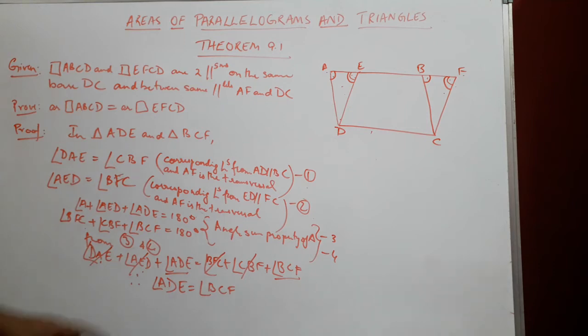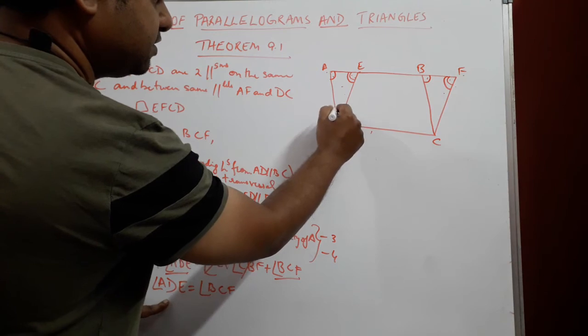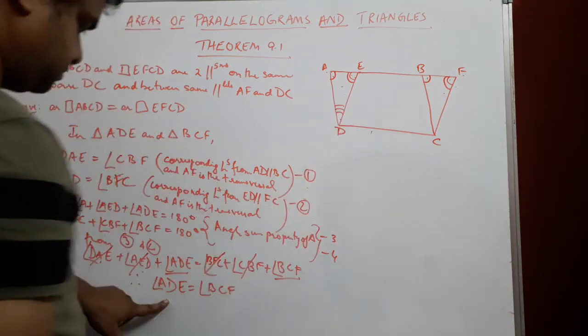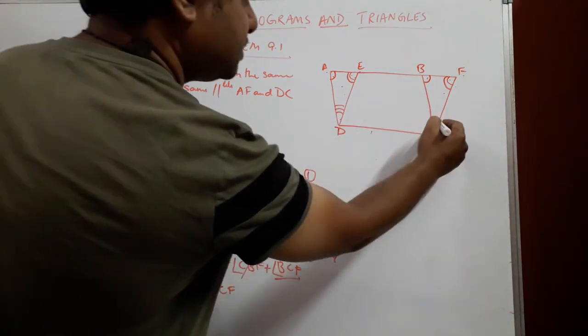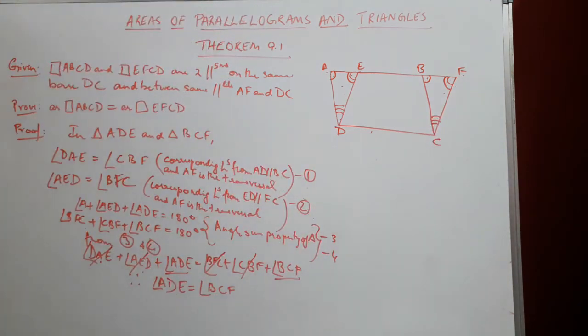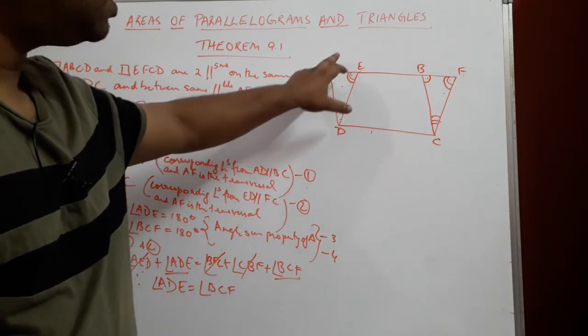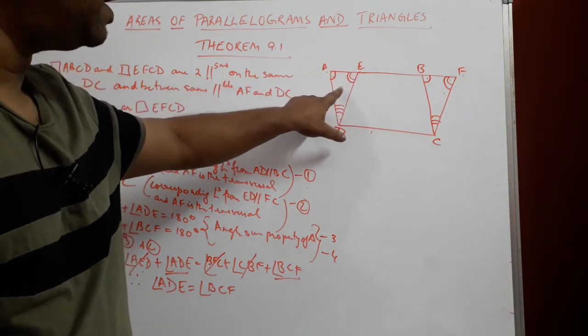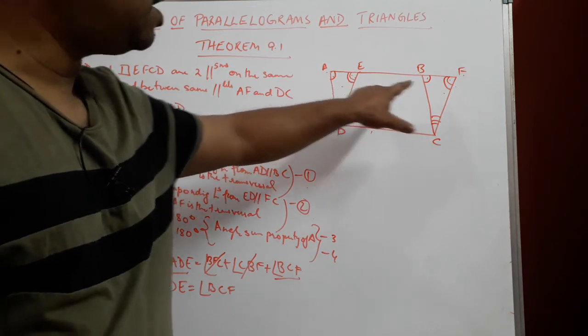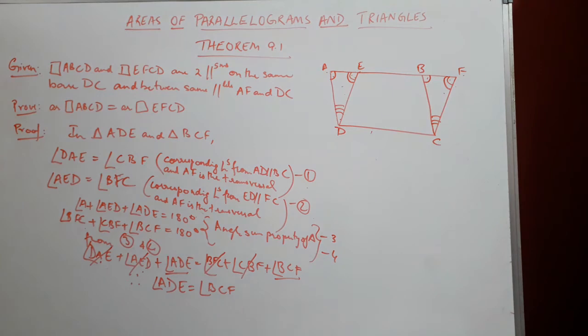And where is angle AD? Angle AD is here. 1, 2, 3 I'll put, equal to BCF. 1, 2, 3. So now what we have established is all three angles of this particular triangle are actually equal to each other, right?